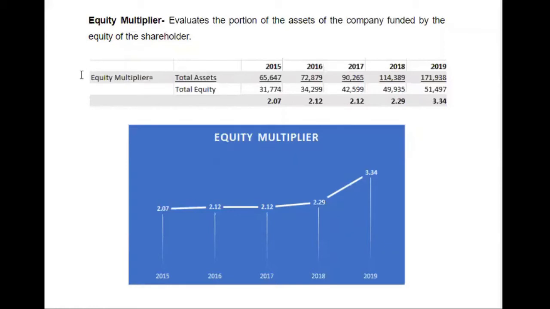Jollibee Food Corporation's equity multiplier in 2015 is 2.07, 2016 is 2.12, and the same 2.12 in 2017. 2018 has 2.29, 2019 has 3.32.